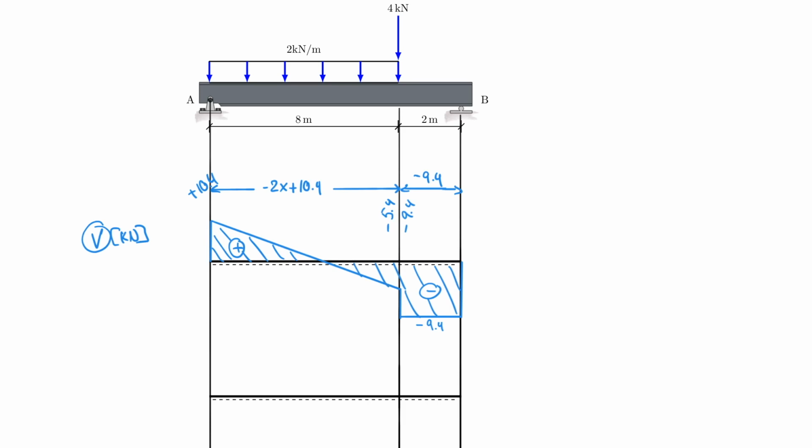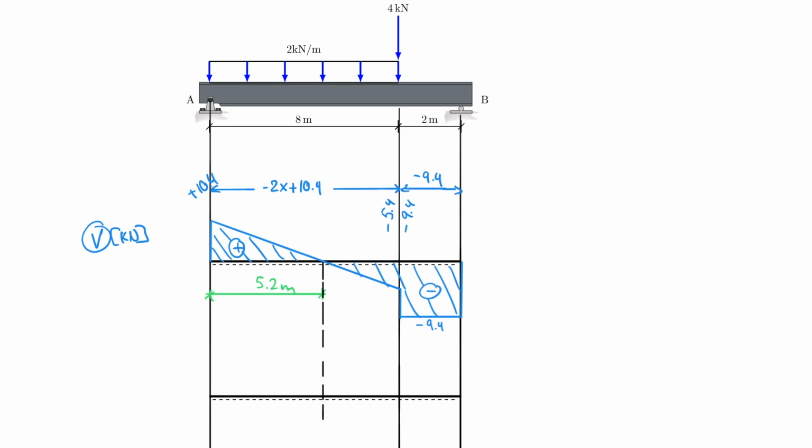We also use this equation to find out where our shear force function is equal to 0. Remember that we did that for this distance here, and we found this to be 5.2 meters, which I will now use to draw my moment diagram, which is up next, because I know that at that location, the moment must be a maximum.